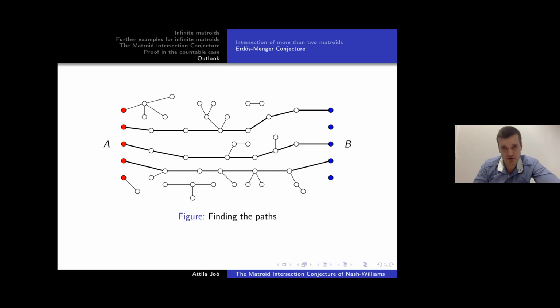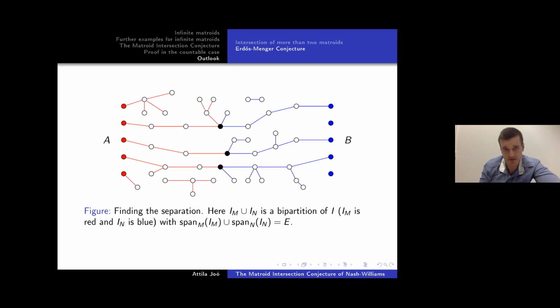In this case, we have these paths, and now we need to find a separation in such a way that we are allowed to choose one vertex from each path, and the resulting vertex set must be a separation. So how do we find this separation? They observed that the bipartition given in the intersection conjecture can be shifted, preserving its properties, in such a way that at the end it looks something like this.